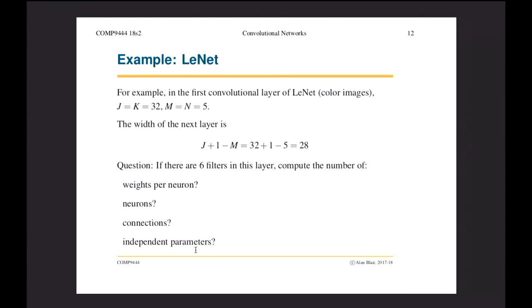Okay, so the question was about the channel. There are two separate things here. The number of channels in the input is determined by the type of input. Typically if it's a black and white image, there'll just be one channel. If it's a color image, there'll be 3 channels.